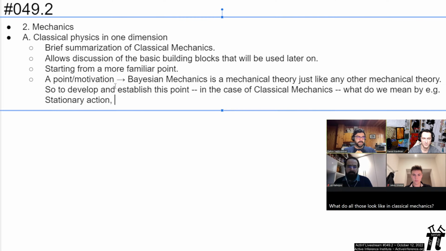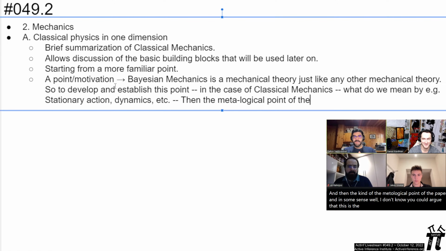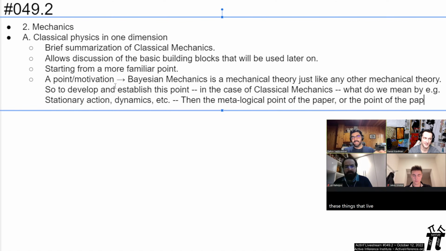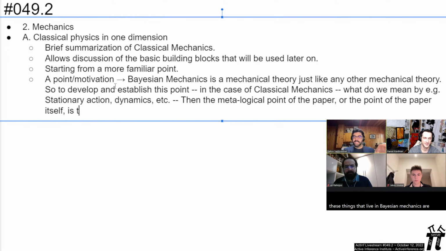And then the metalogical point of the paper in some sense. Well, I don't know, you could argue that this is the point of the paper, is to make the analogy precise, to point out that all these things that live in Bayesian mechanics are things that live in mechanical theories that map onto something like classical mechanics, and that you can prove this.